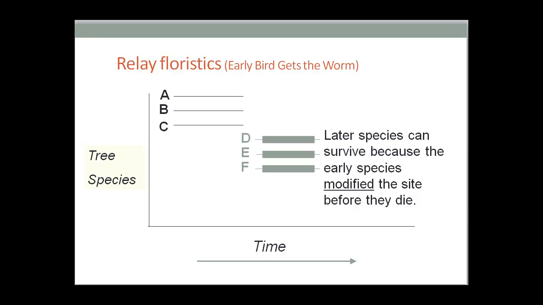Now, in the relay floristic succession model, species A, B, and C may not be all tree species. There might be some herbaceous or other kinds of species that are present. But the basic principle is it's a relay. You hand off dominance of the site from one suite of species to another suite of species.